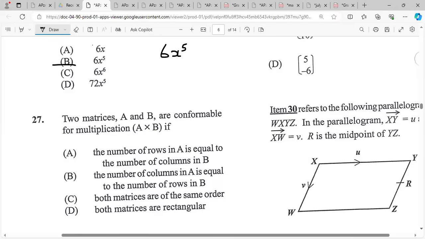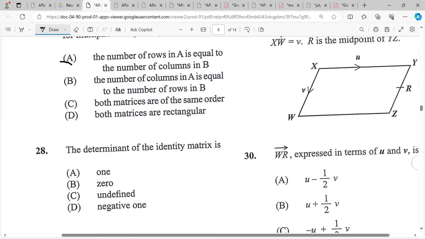The number of columns in the first matrix should be equal to the number of rows in the second. Yeah, so A, guys. Now remember that one.